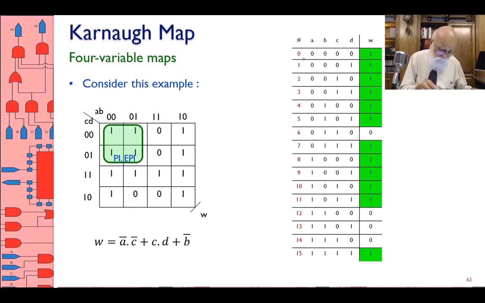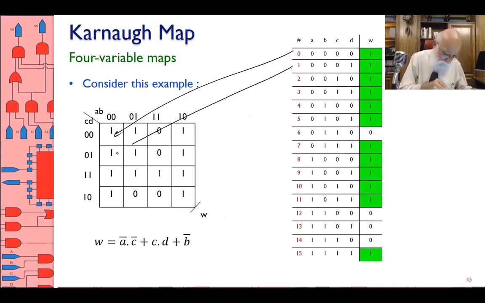So 0 0 0 0 before doing this. This is 0 0 0 1, which is this. You can either do this or go by the numbers.